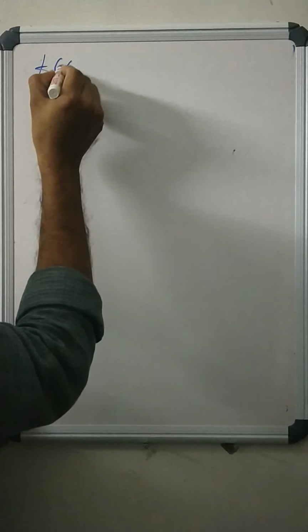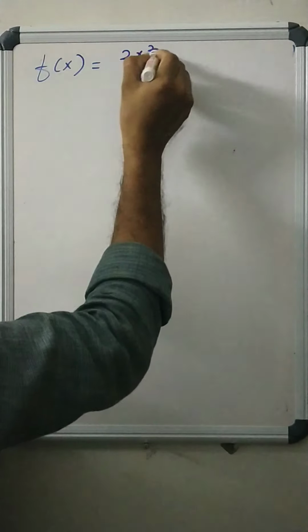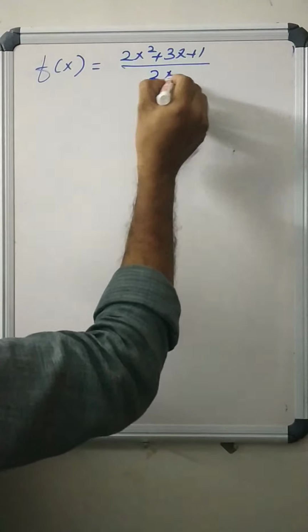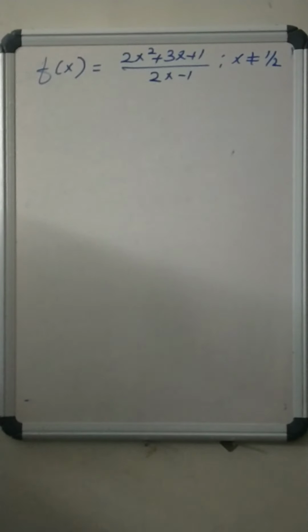Let a function f be defined as f of x equals 2x square plus 3x plus 1 divided by 2x minus 1, where x differs from 1 by 2. If x equals 1 by 2, this does not exist.